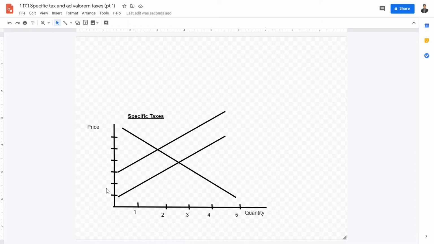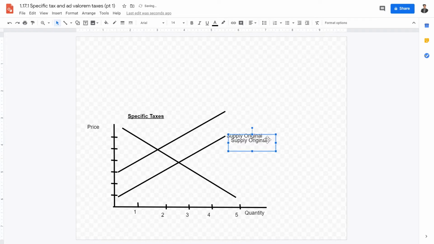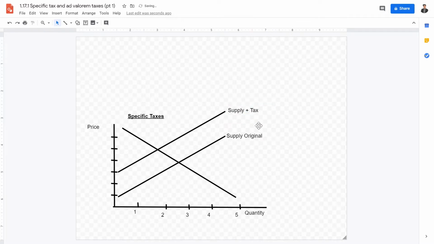So what else could we see? When drawing our tax forms, we have to write supply original, and then this one would be supply plus tax. Okay, so that way we could differentiate between an original supply and a supply after the taxes.